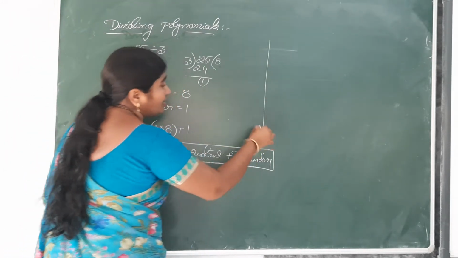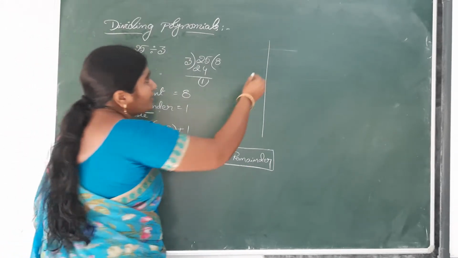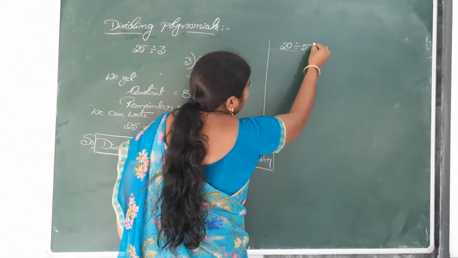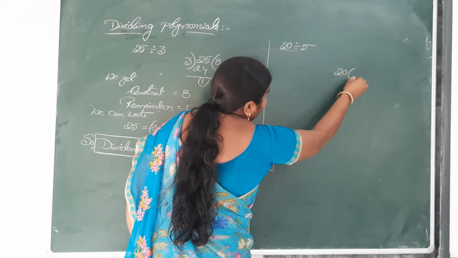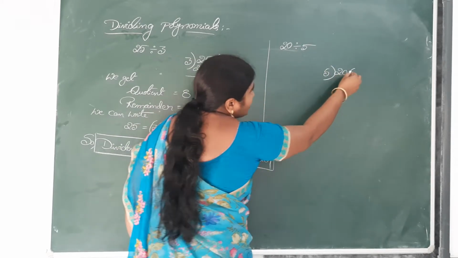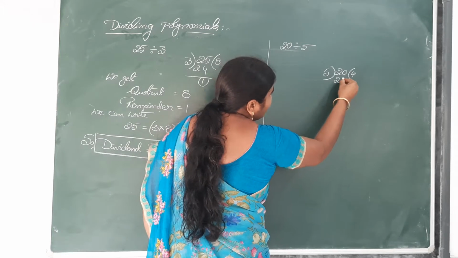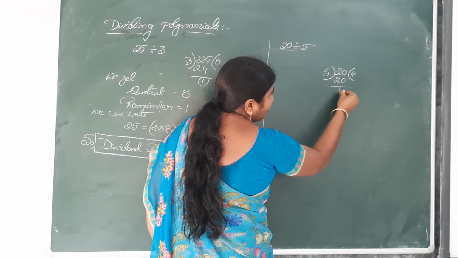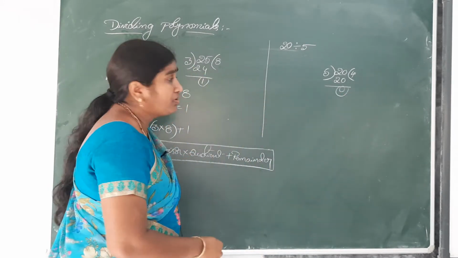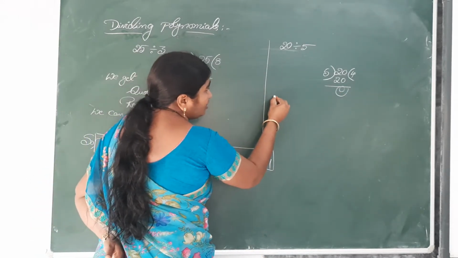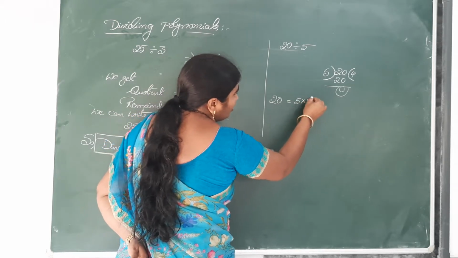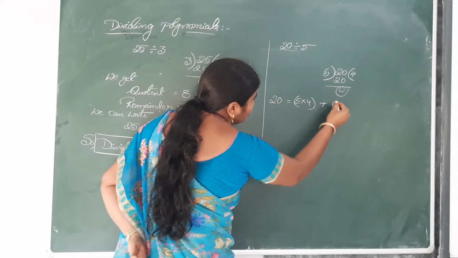Similarly, 20 divided by 5. 5 fours are 20, that is 20 minus 20, then the remainder is 0. We can write 20 equal to 5 into 4 plus 0.